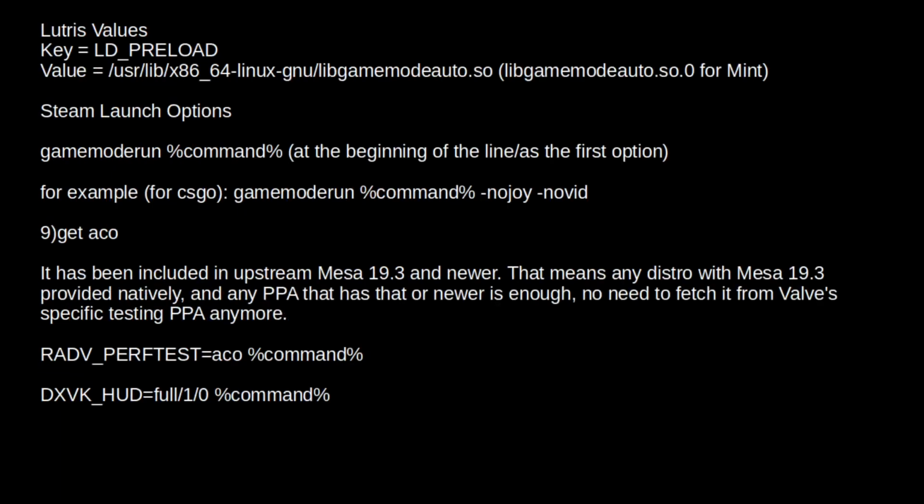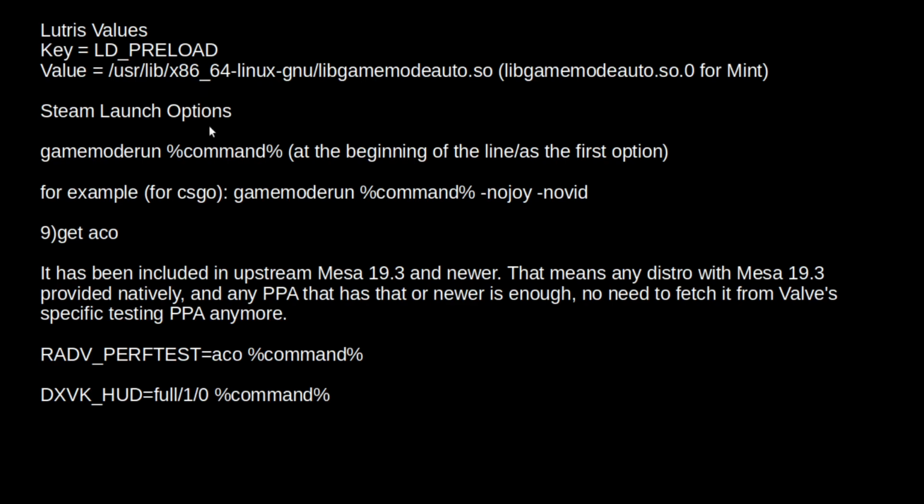Then if you want to enable game mode in Lutris, right now there is a toggle, but if for some reason the toggle doesn't work for you, you have to add a new line and enter these values for the keys and for the value.